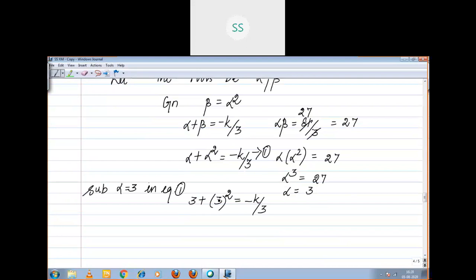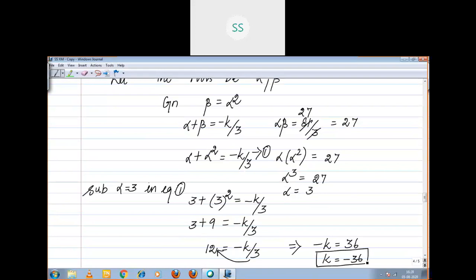Then you arrive at this: 3 plus 9 equals minus k by 3. Now 9 plus 3, how much? 12. 12 equals minus k by 3. Then 3 you cross multiply, which implies minus k equals 36. K equals minus 36. Right children? K equals minus 36.